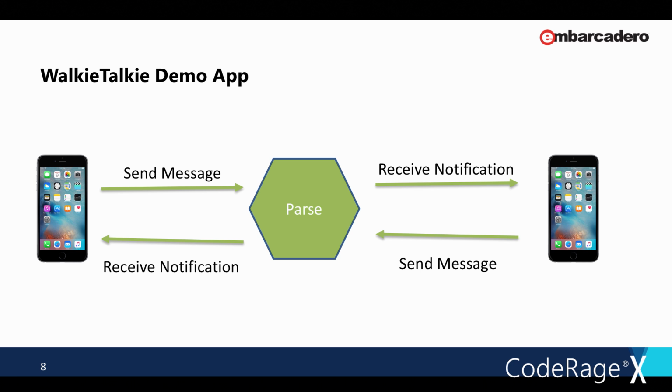And once the message has been sent out, the other users can reply to those messages by sending their own messages, and the other devices are receiving, again, notifications that there was a message. So it's a simple chat system, if you will. All right, so this is what we're gonna do today. So let's have a look at the code.